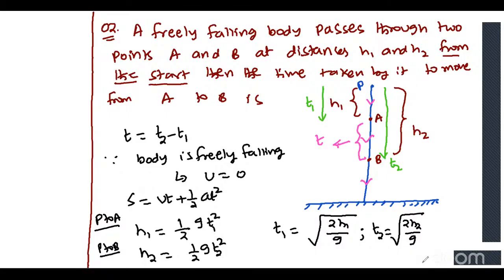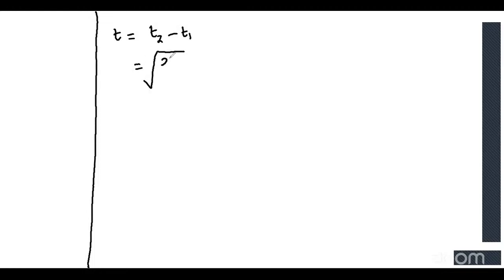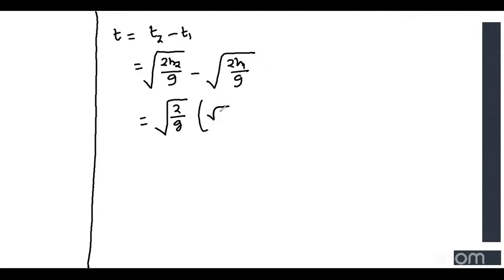So the time taken T equals T2 minus T1, that is under root 2h2 by g minus under root 2h1 by g, which I can write as under root 2 by g, taking common, root h2 minus root h1.